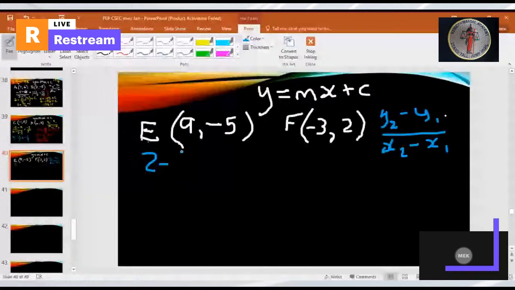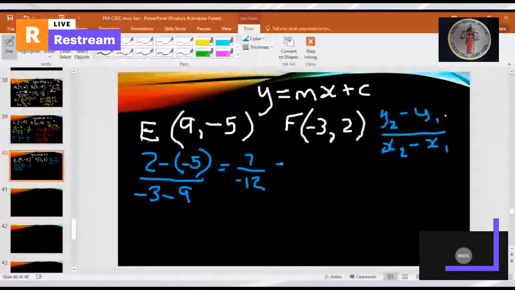Since we have negative and negative, we put a bracket just to separate them, divided by the second x value, which is -3, minus the first x value, which is 9. This gives us 2 minus -5, which is 7, and -3 minus 9, which is -12.